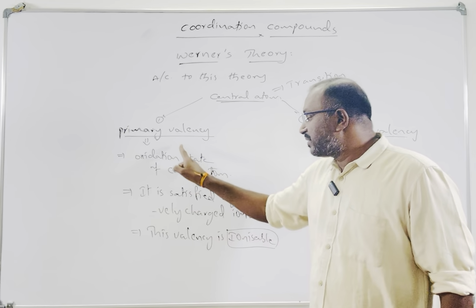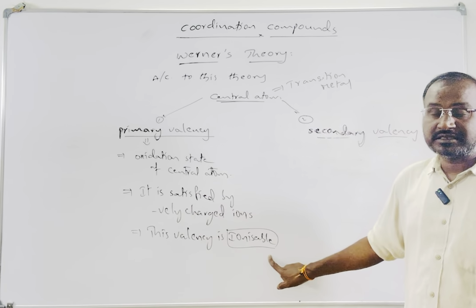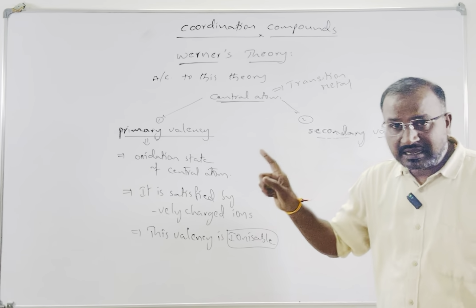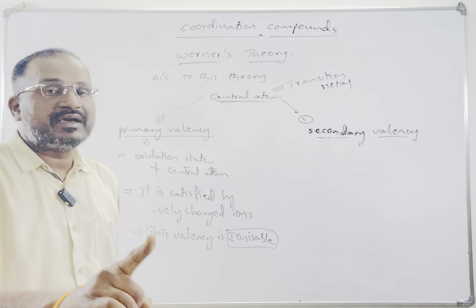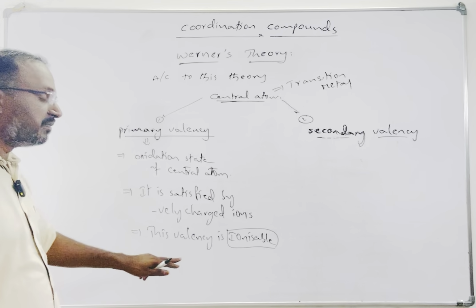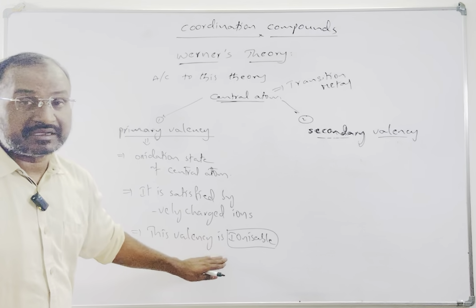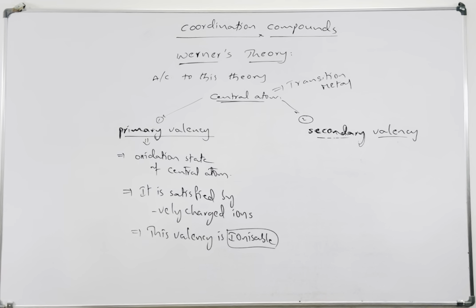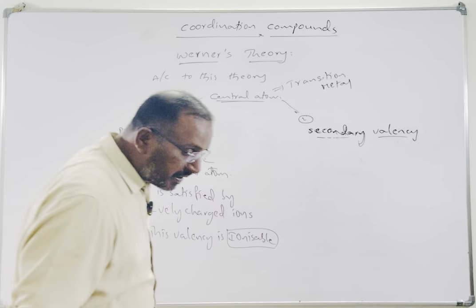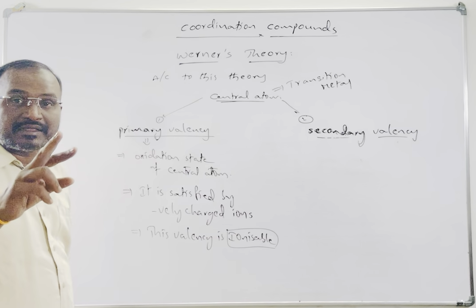That's why the primary valency is ionizable valency. Any ions coming from the coordination compound come from the primary valency only.